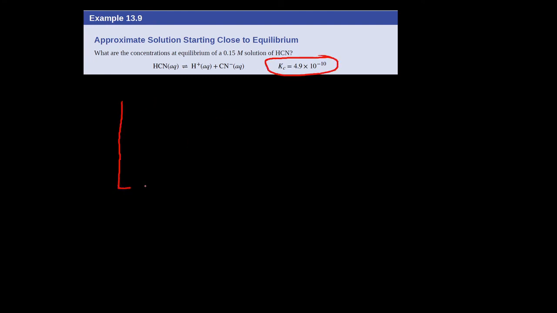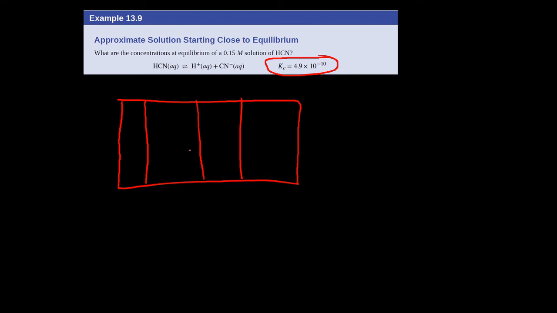So we're going to have X in our equation. So we have our initial, change, equilibrium table. Once again, if you want to work through this on your own, which I would highly encourage, go ahead and pause the video now. Come back when you think you've got it worked out and see if you did it the same way that I did.